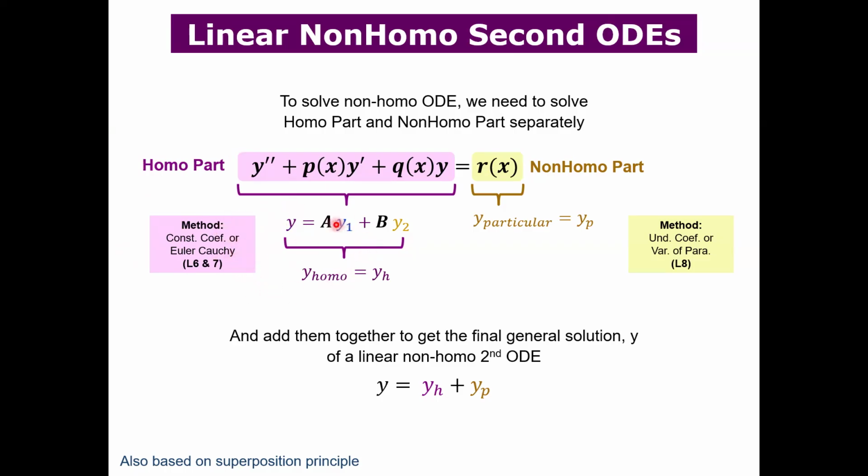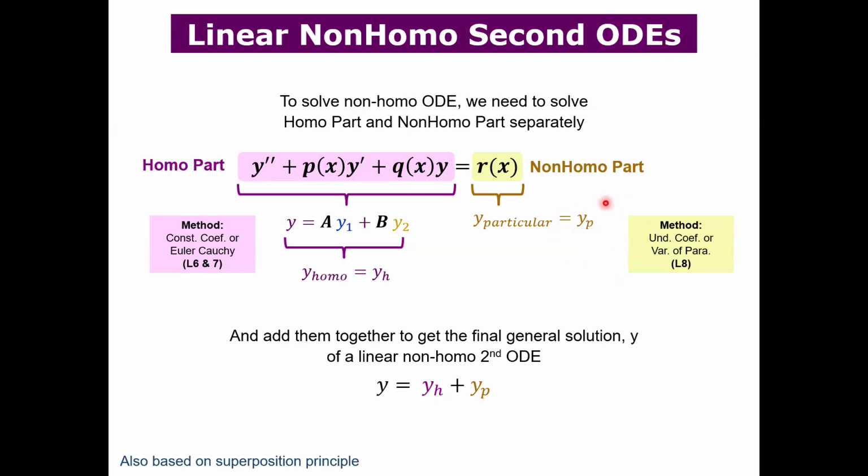All right. Since we have to do the solution separately for the left-hand side and the right-hand side, now we will have two different y. For the homogeneous solution, we will call it YH, which stands for Y homogeneous. For the non-homogeneous part, the y we will call Y particular, or YP.